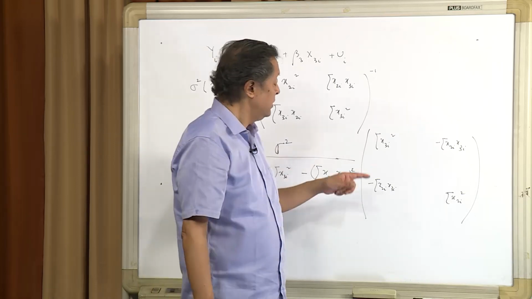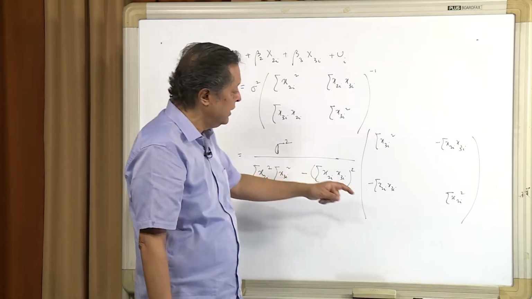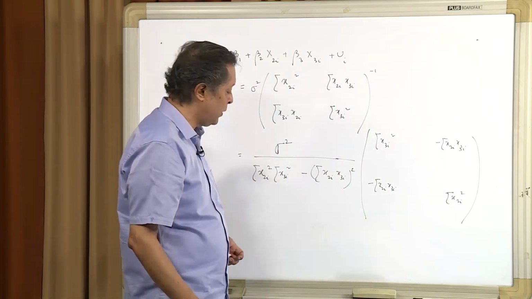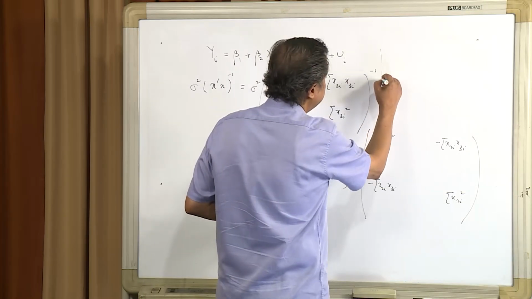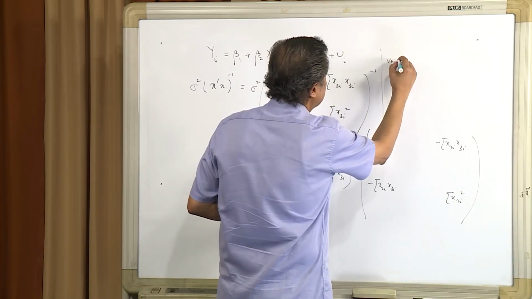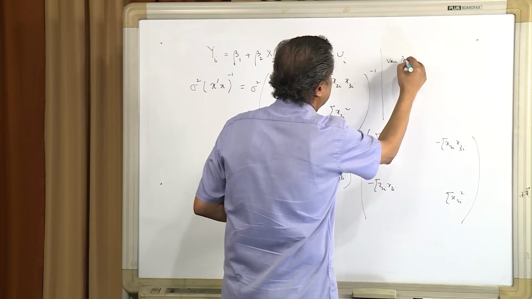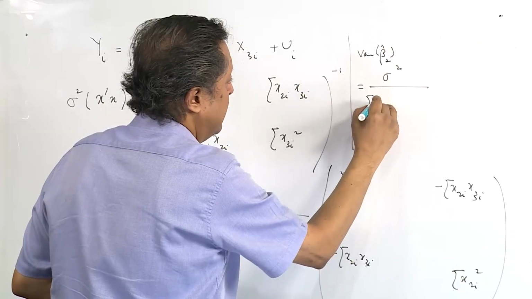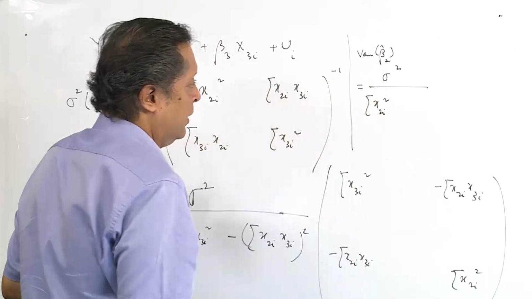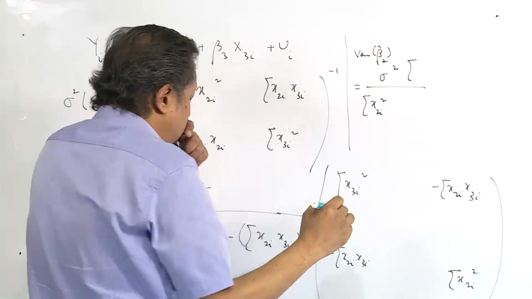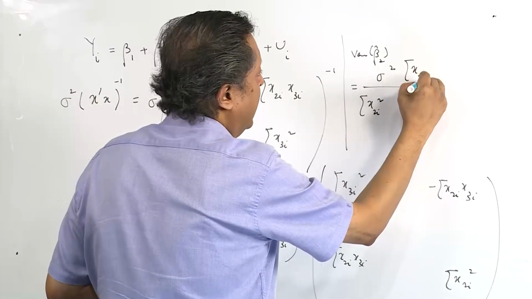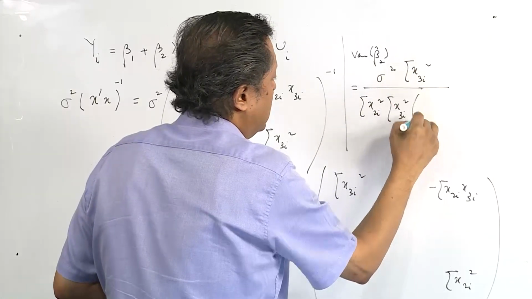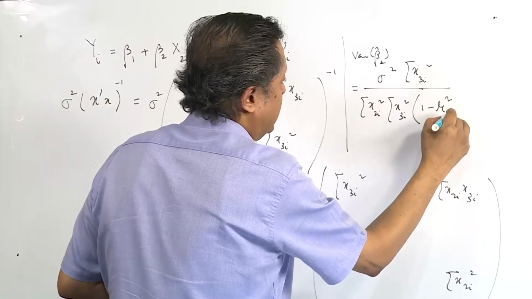Similarly, variance of beta 3 hat is summation x2i square divided by this expression in the denominator times sigma square. So that gives us variance of beta 2 hat equal to sigma square divided by summation x2i square, because here we had summation x3i square and here we have summation x2i square, summation x3i square into 1 minus r square 2 3.